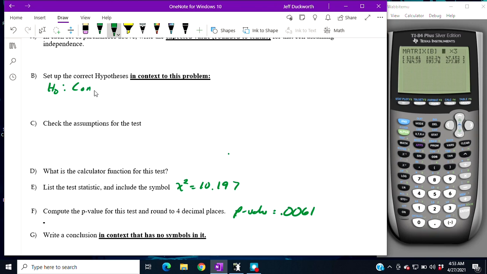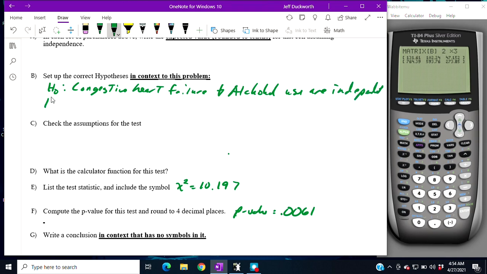So congestive heart failure, that's somebody who goes through this AMI, and alcohol consumption or alcohol use are independent. And our alternative is these things are dependent. So little quotes indicating all of that is written on the second space, and I'll let you get away with that as well.